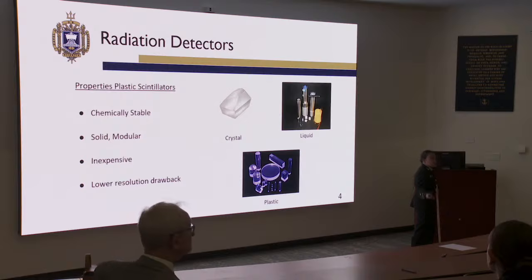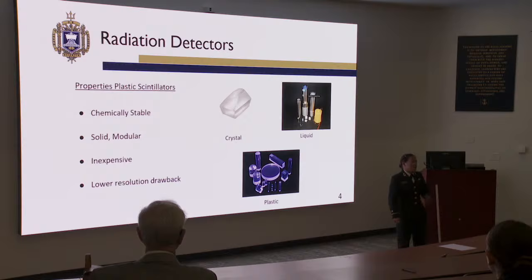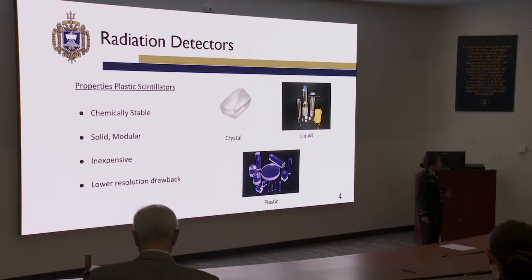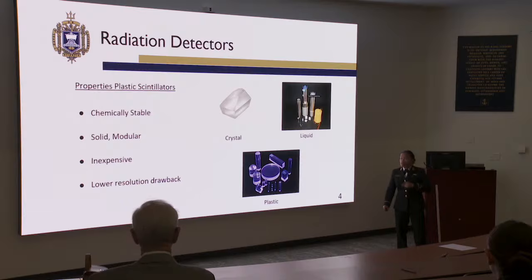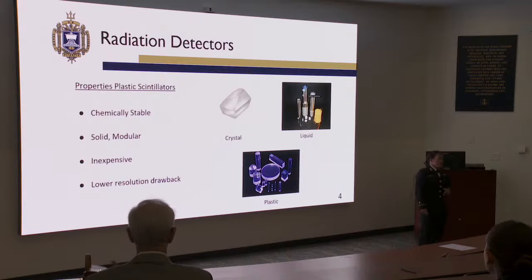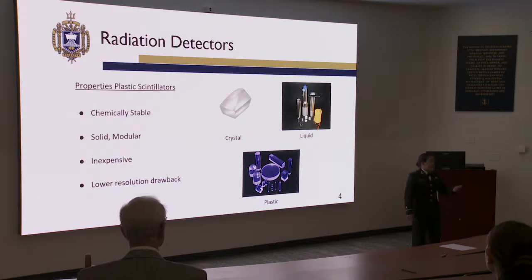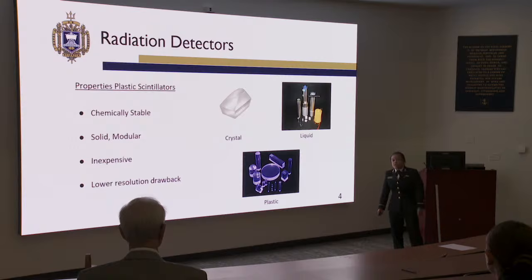And then in scintillators, there are three types. There are crystals, which take a very long time to grow. They take months to grow, and are quite fragile sometimes. There are liquids, which are highly volatile in air and atmosphere and have a lot of mechanical parts and a lot of maintenance. Then there are plastics, which are really good for this application because they're chemically stable in air.